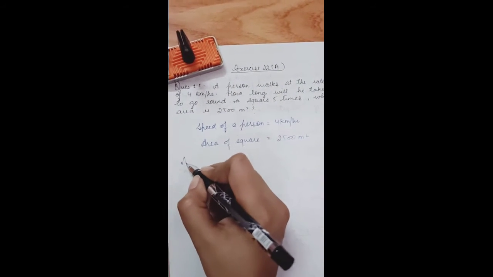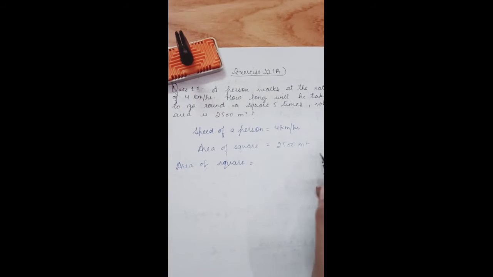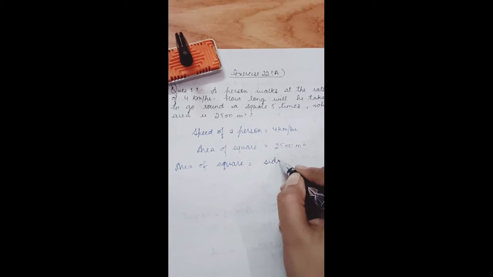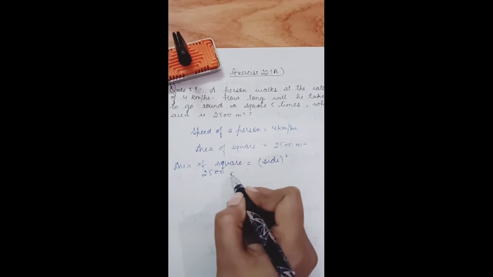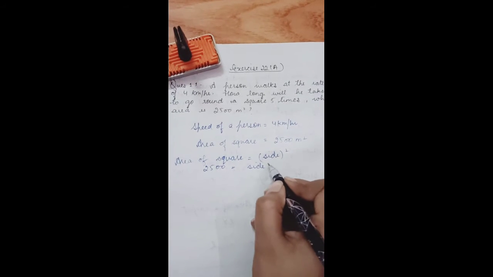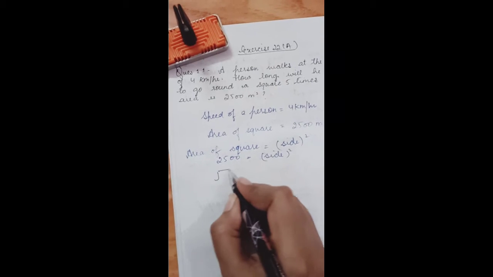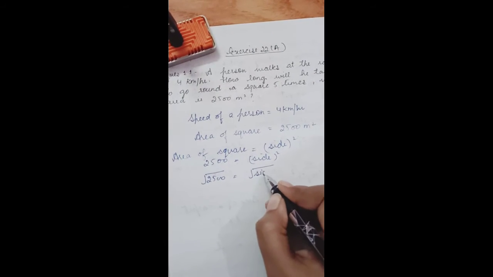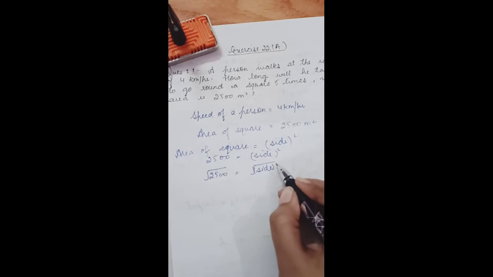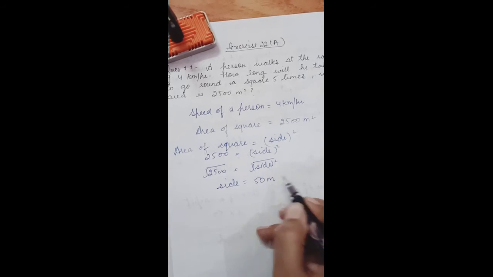You all know that area of square is equal to side square. So 2500 is equal to side square. So here we apply root on both the sides and we get side is equal to 50 meter.